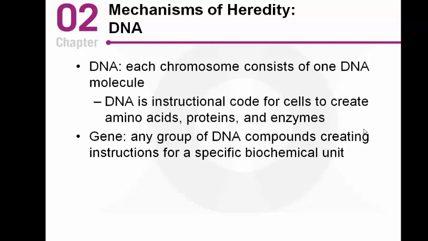But the DNA makes up who you are. It talks about genes being a group of DNA that has specific instructions for creating something in particular. And so your genetics are set from that moment of conception when there's a combination of the 23 chromosomes from dad, 23 chromosomes from mom.